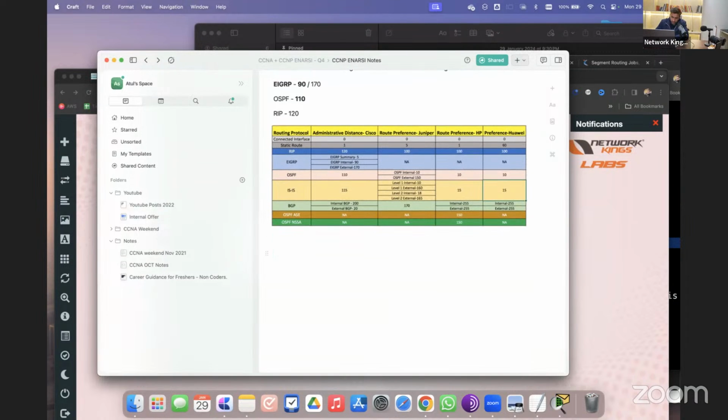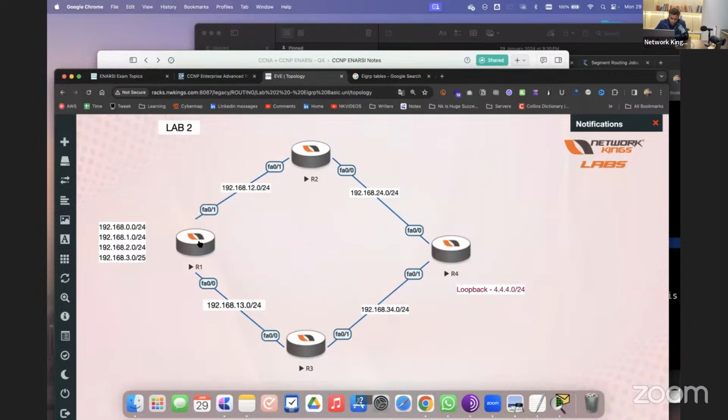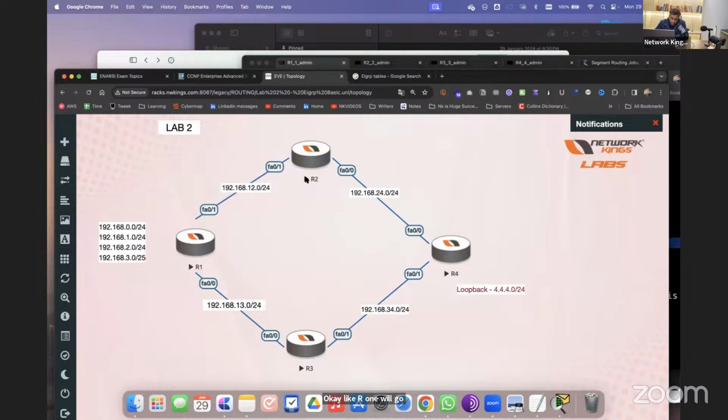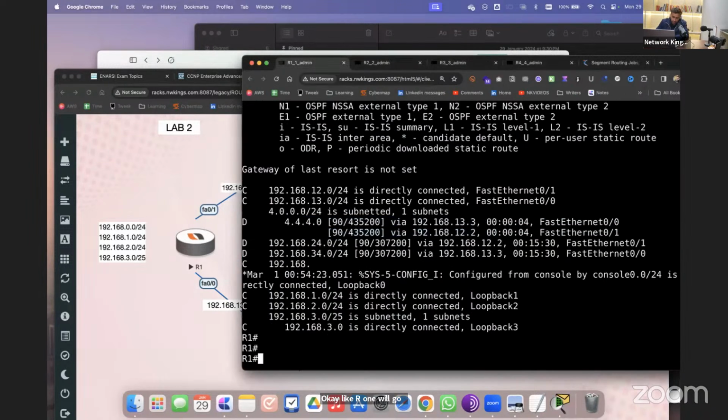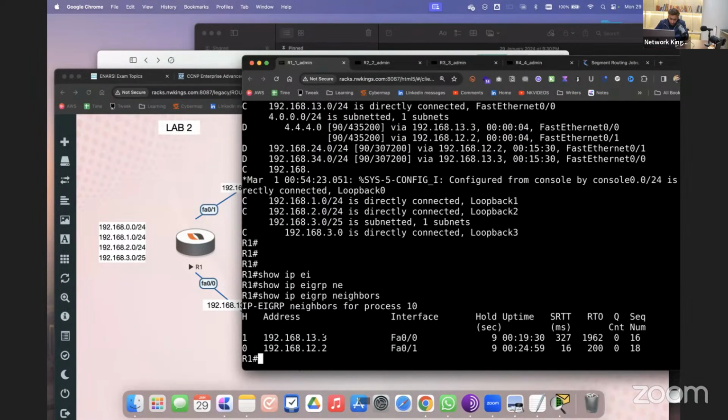First, EIGRP makes the first table, the neighbor table. Like R1 will go and see how many neighbors are directly connected: R2 and R3. So R1 will create a table. Show IP EIGRP neighbor is the command. R3 and R2 are my neighbors. Yes or no?